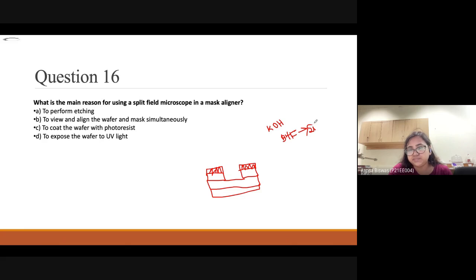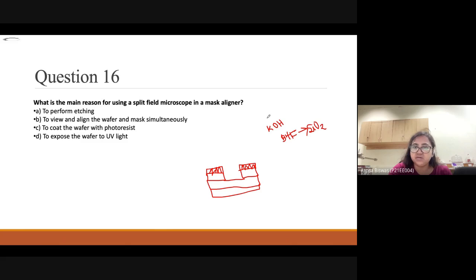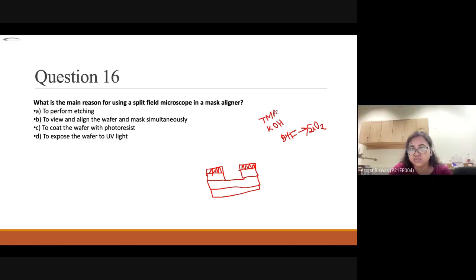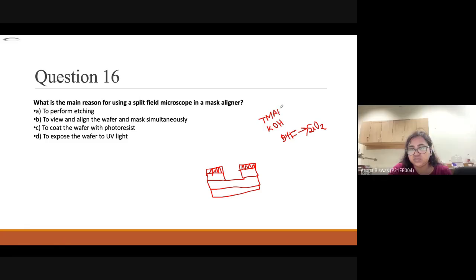And besides KOH, TMAH is also used to etch the silicon wafer, at room temperature. This is the chemical process which we follow to etch the silicon.